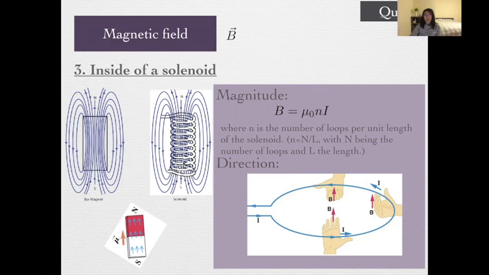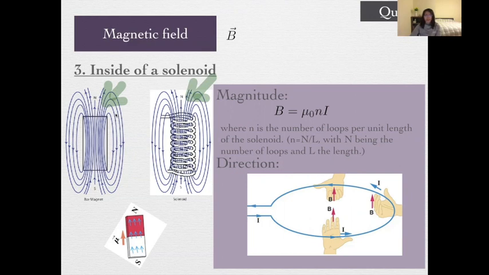A solenoid shape of current basically behaves like a magnet. You can see this picture: this is a magnet picture, and this is a solenoid picture. You see their magnetic fields almost look identical.